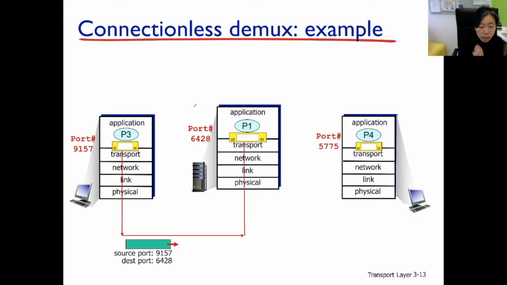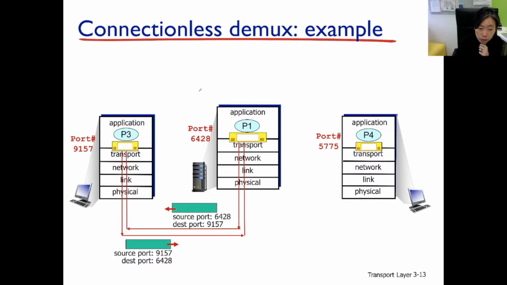So we see here a service request message being generated from P3 and intended for P1. You will see the source port number being 9157 and the destination port number being the server's port number 642A.